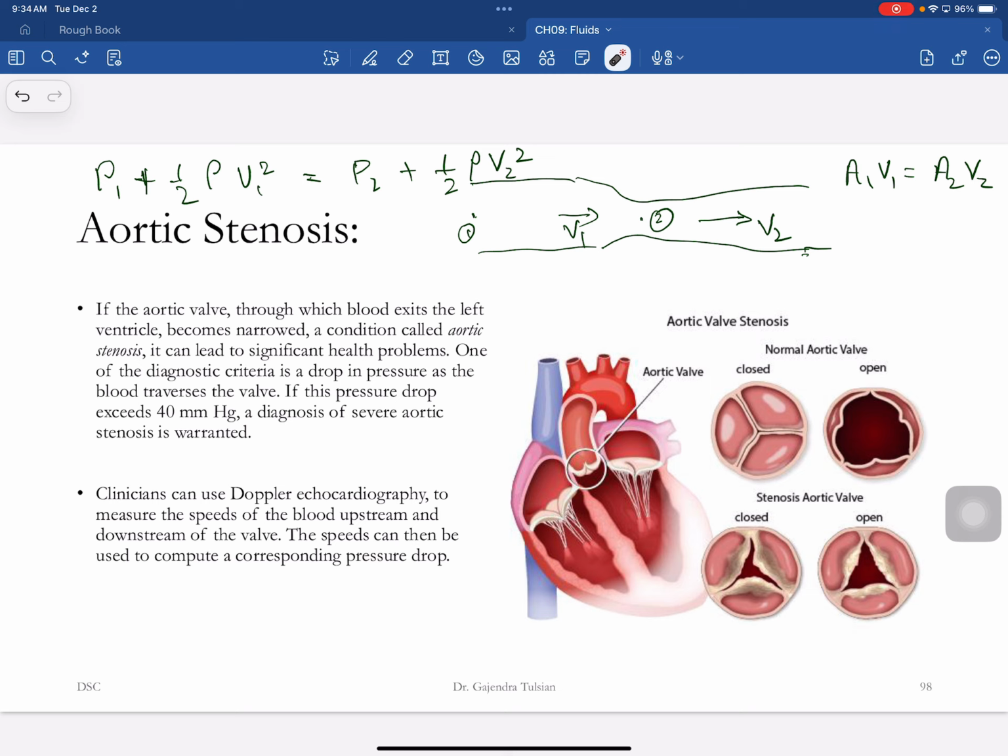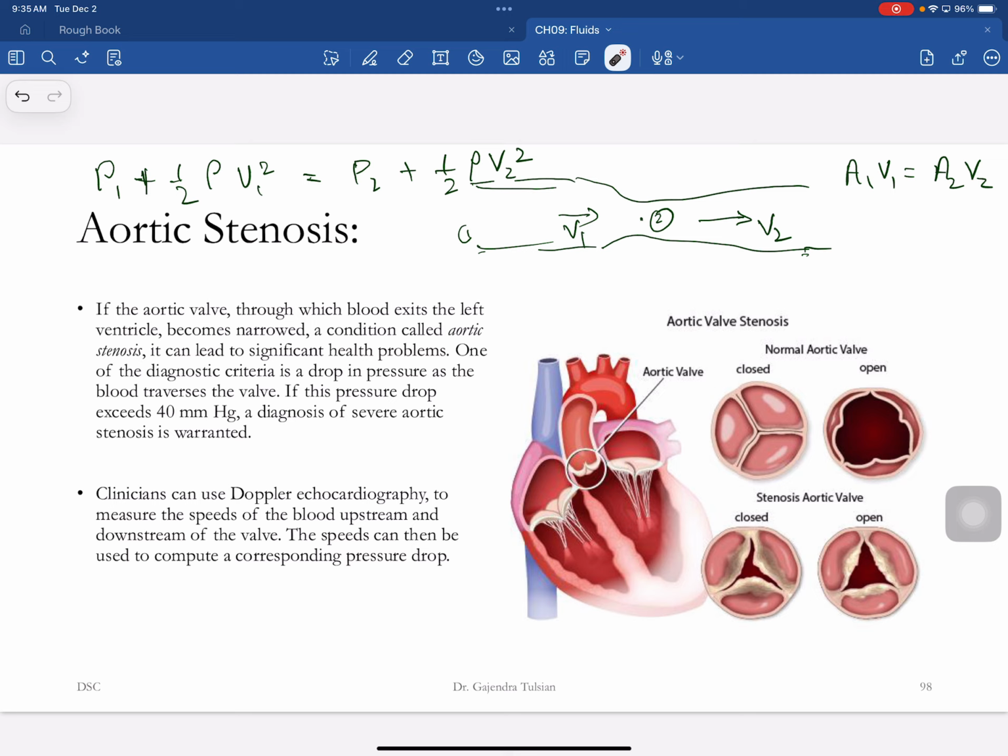What this equation is saying is if a fluid goes faster, the pressure at that location decreases. If this term is bigger, this term gets smaller. When a fluid is flowing faster, the pressure at that location is lower.